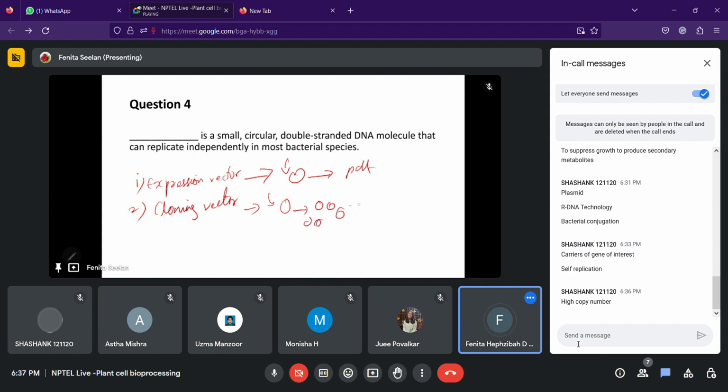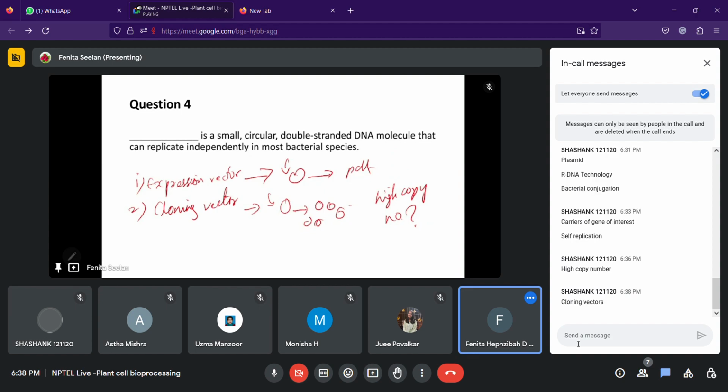So, for example, Shashank told that you would prefer higher copy number plasmids. Which vector will have higher copy number plasmids?